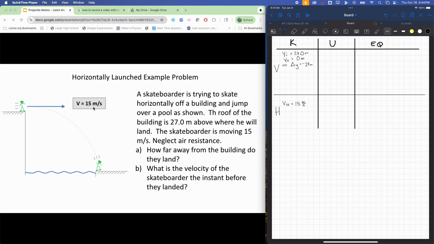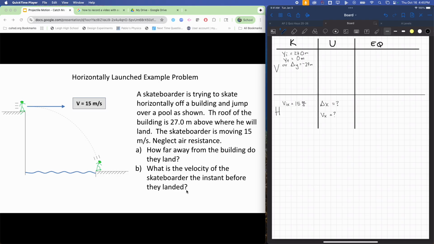Okay, so that's all the numbers they're giving us, and they're asking us to figure out how far away from the building. So they want us to figure out this horizontal distance that it travels. So I need to know delta x. And then it says, what is the velocity of the skateboarder the instant before they landed? If they're moving horizontally and vertically, they're going to have a horizontal component to velocity.